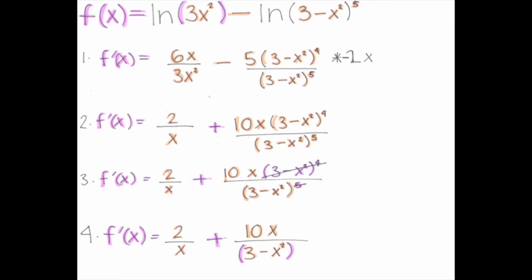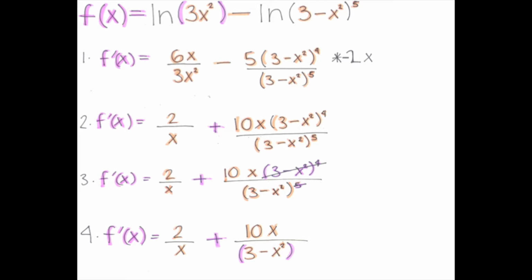In this case, it is times negative 2, because if you try to differentiate the equation 3 minus x squared, 3 is a constant, so it will be 0, and negative x squared is 2 times negative 1, and subtract the exponent, so it's negative 2.